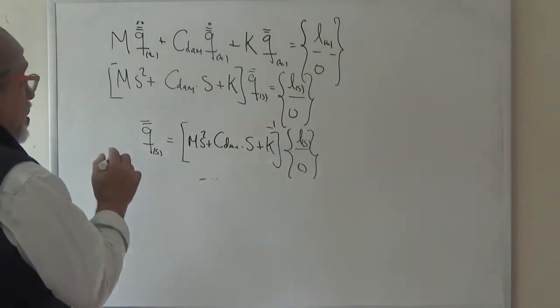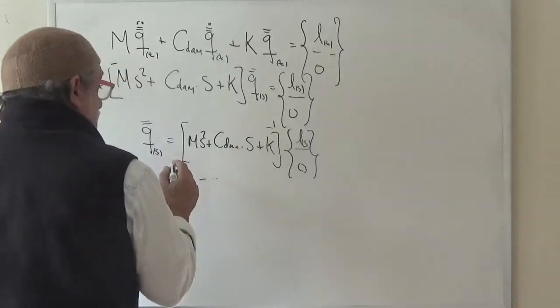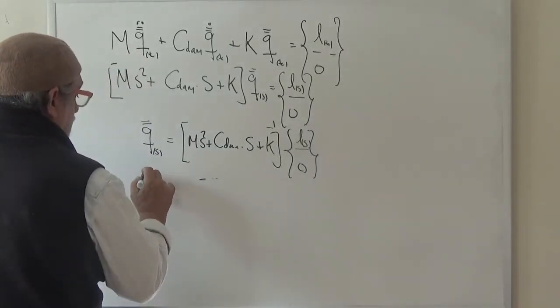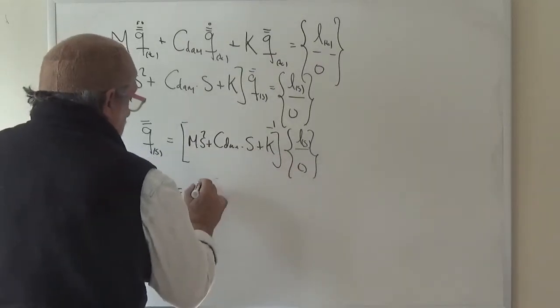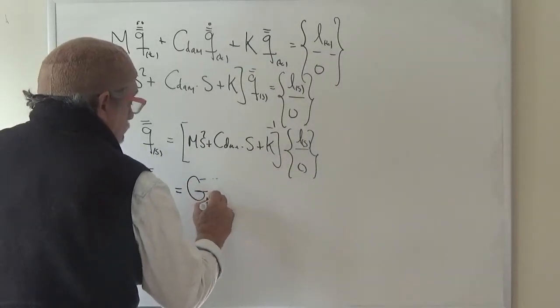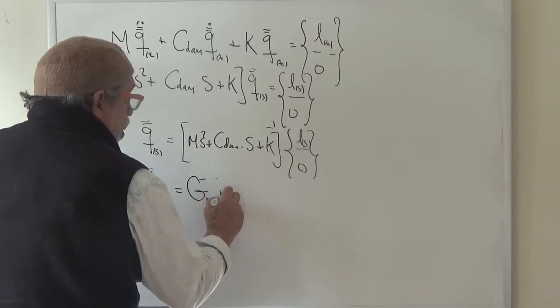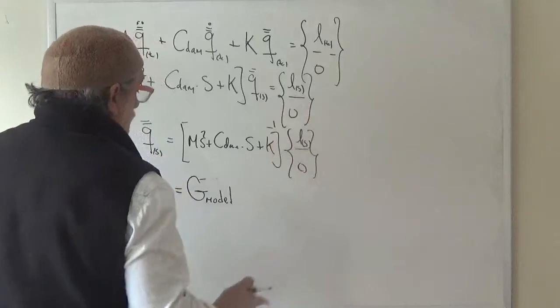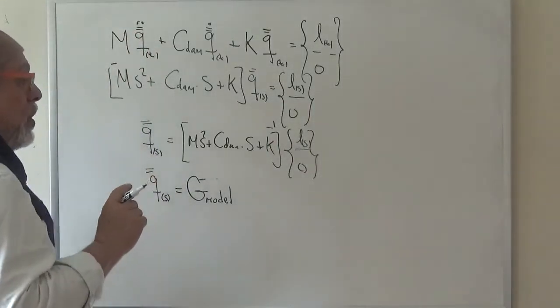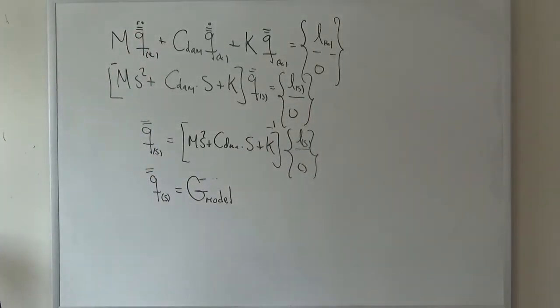So for short in notation, let's take this q(s) and call it G of the model. At this point we were able to get L(s) with no model, but to go further and calculate the stress field everywhere, we do need a model, and the price that we pay here is that we need the mass, the damping, and the stiffness of the model.